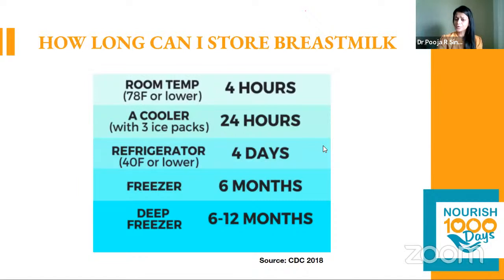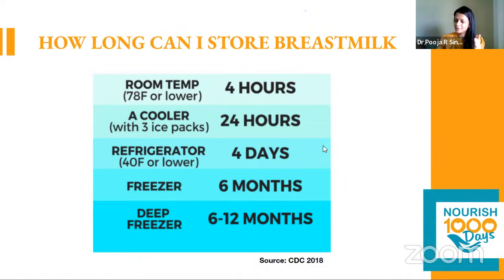How long can I store breast milk? So at room temperature, you can store breast milk for 4 to 6 hours. Okay, so 4 hours easily outside environment, it's good. In a refrigerator for 4 days. So if it's a double door refrigerator, I'm going to keep the container of milk towards the back side of the fridge, not near the door, because at the door, there is going to be fluctuation.